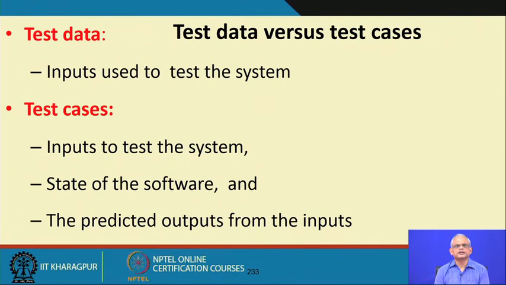So, test data is just a component of the test cases, and in addition the test cases contain the state at which the input is to be given, and also what is the predicted output corresponding to the inputs.